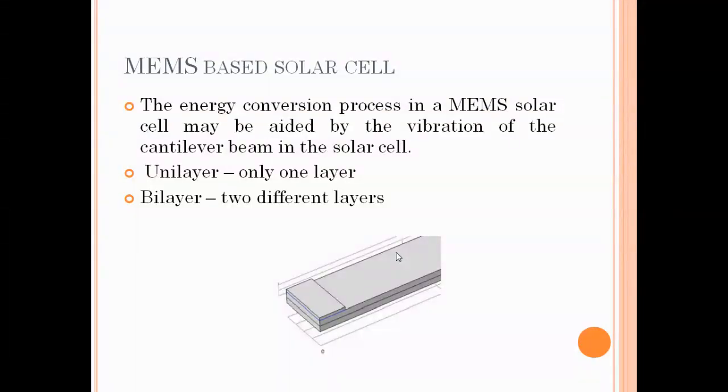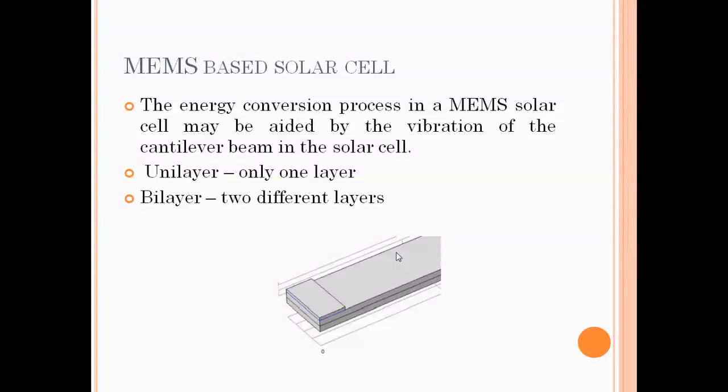In the MEMS based solar cell, I add one more layer, the piezoelectric layer, which acts as the third layer, placed at the top left of the cantilever beam. I fix this piezoelectric layer to collect the maximum amount for minimum vibration. Even if a very negligible vibration occurs on the surface of the cantilever beam, a corresponding voltage will be generated.